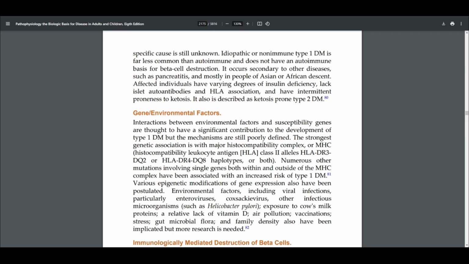Affected individuals have varying degrees of insulin deficiency, lack islet autoantibodies and HLA association, and have intermittent proneness to ketosis. It also is described as ketosis-prone type 2 diabetes.